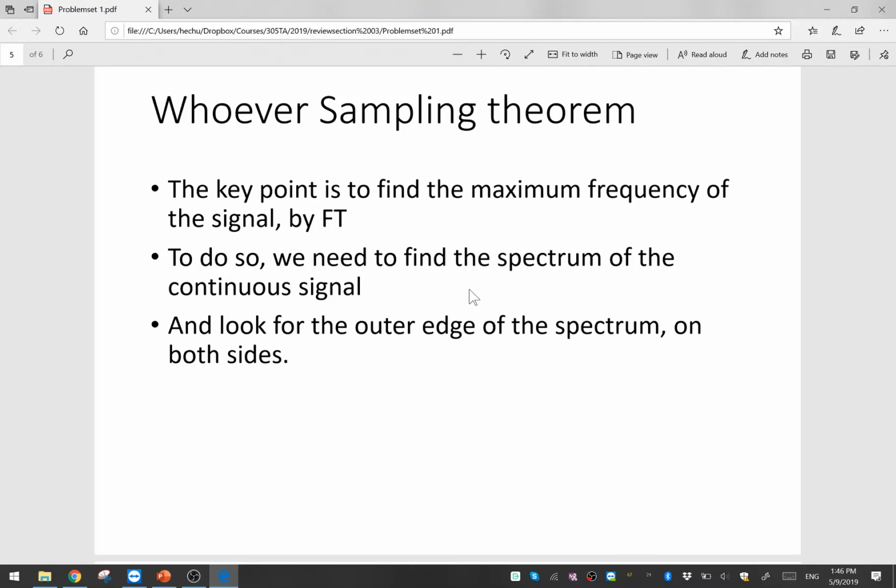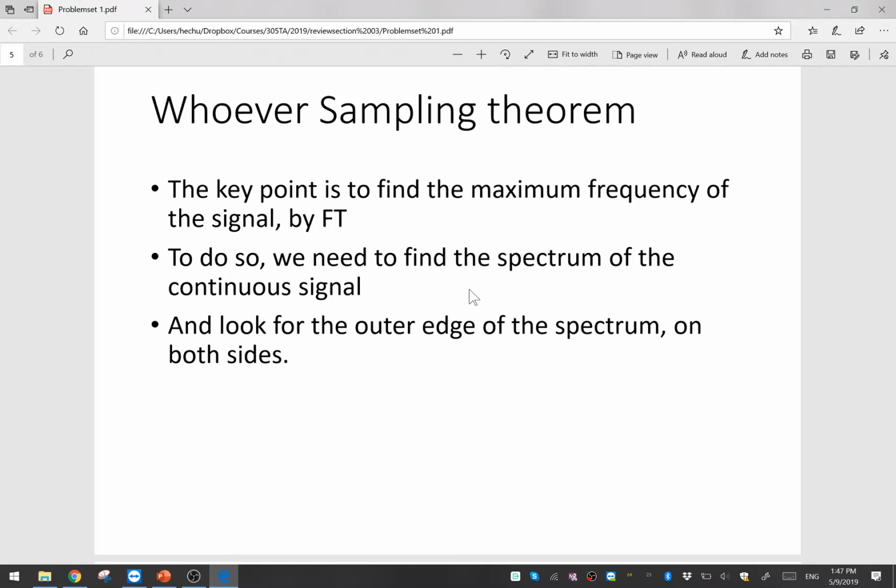Then you have to use Fourier transformation. Then you will get a spectrum, looks like whatever. Then you get the edges, one edge and the other edge. One is positive, the other is negative, maybe omega 1 and omega 2. It's not necessarily minus omega 1, but usually it is given as minus omega 1.